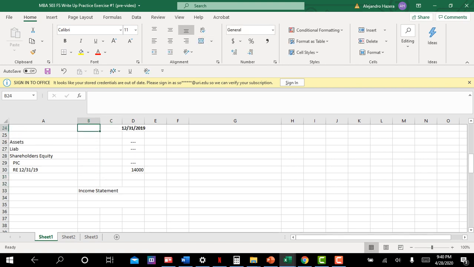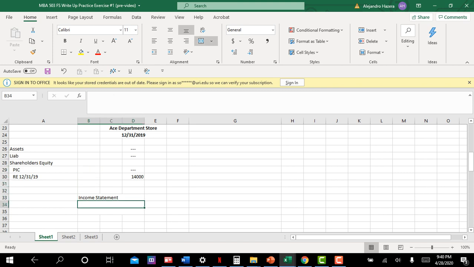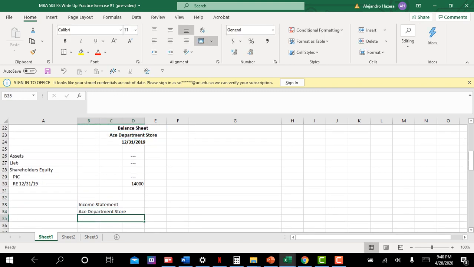And the income statement is going to be for the ACE department store, for the year ended 2020. And notice that this income statement is for a period of time, beginning January 1st, 2020, ending December 31st, 2020. Okay, so now let's put those in there.